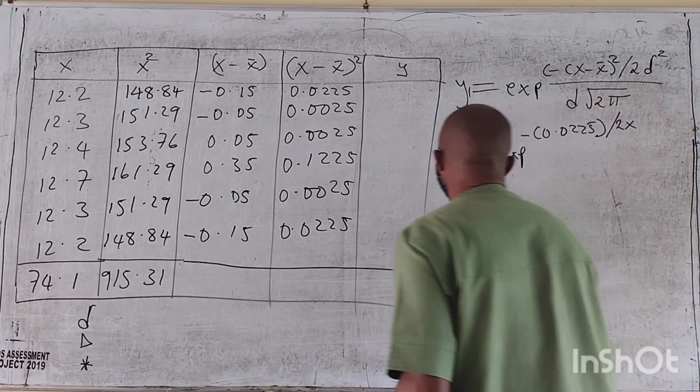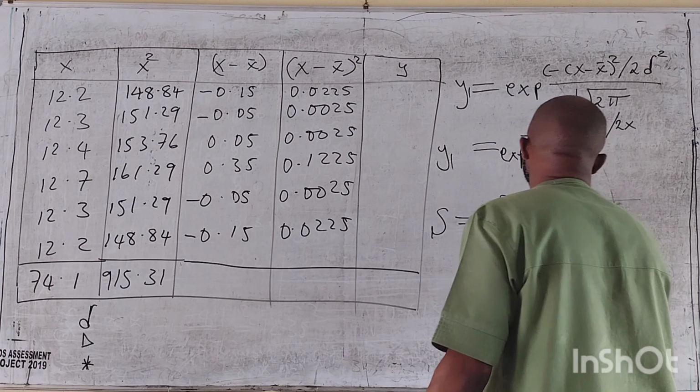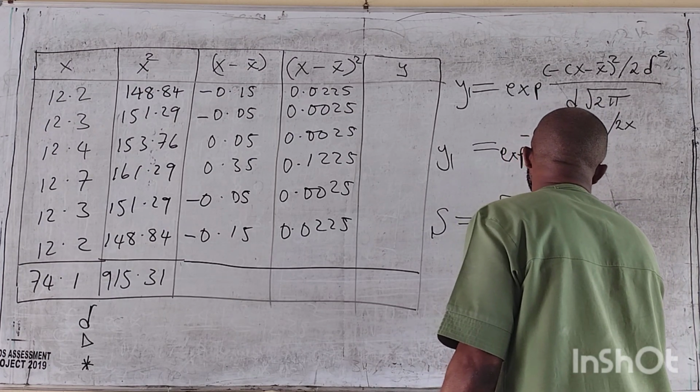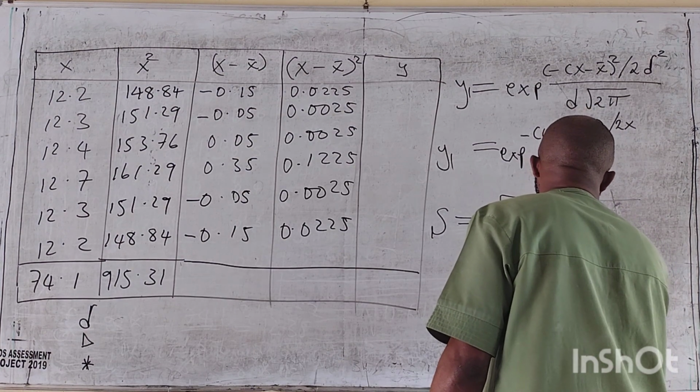Let me do my standard deviation. I call it d, which is the root of the summation of x squared minus the summation of x, squared, over n, all over n minus 1.